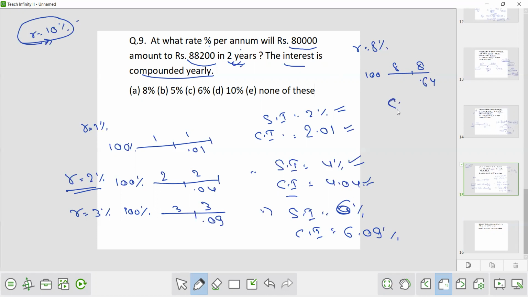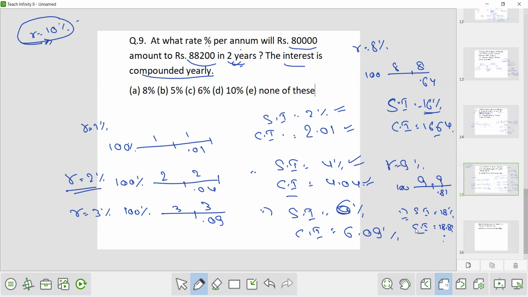Simple interest is 16%, and compound interest is just greater than this even number, that is 16.64. When the rate is 9%, so 9 and 0.81. Again simple interest is 18%, compound interest is 18.81%. Means simple interest is an even number, compound interest is just greater than that even number.